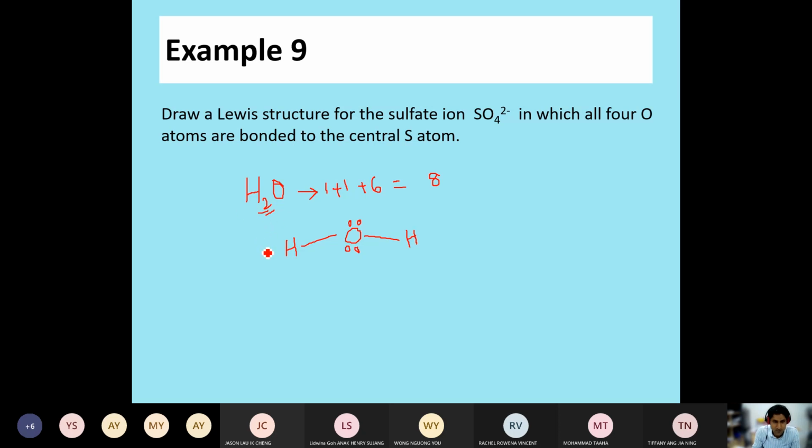So we just put these 4 electrons around it, and that will make the octet filled up. So 2 to 4 to 6 plus 2, 8. So altogether it has 8 electrons. Okay, so this is what the simple structure looks like.